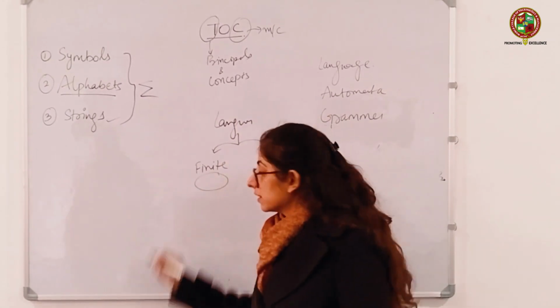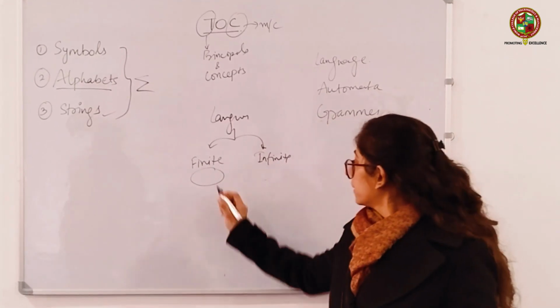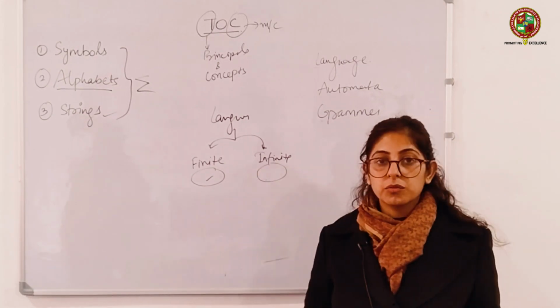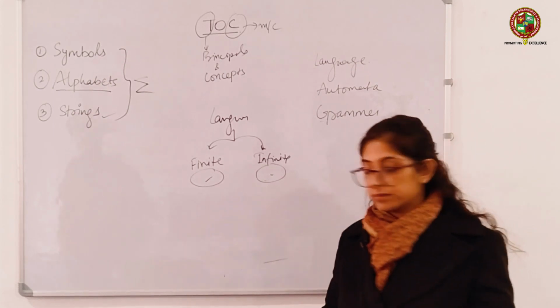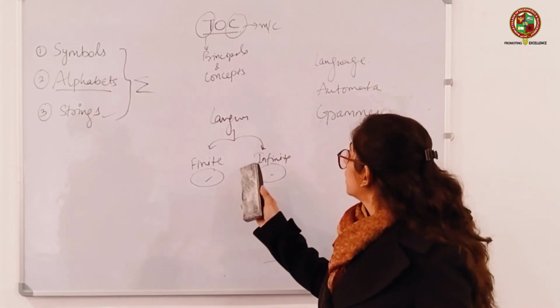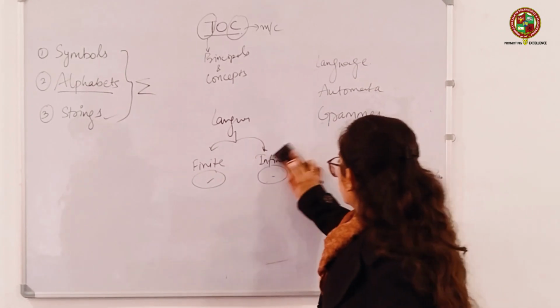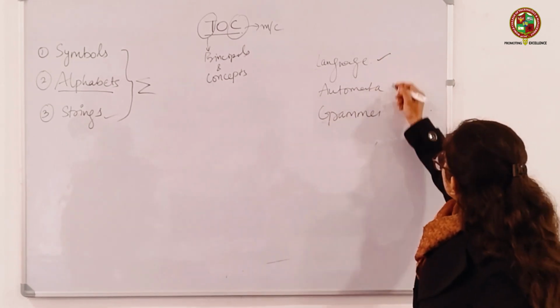A finite number of strings means we have a limit on the strings, where the limit is present. At that time we will say it's finite. When we don't have a limit, we can go till an infinite set. We will come to it after clearing automata and what grammar is. Okay, what are the finite and infinite sets? I guess language is clear.